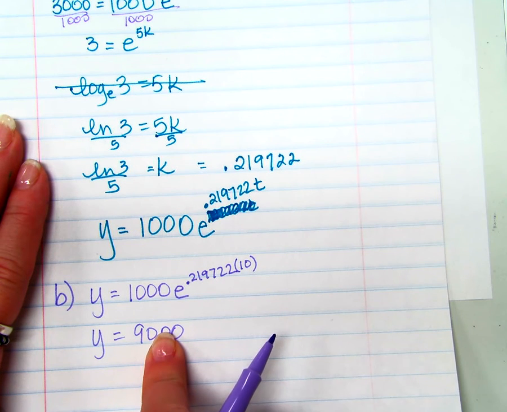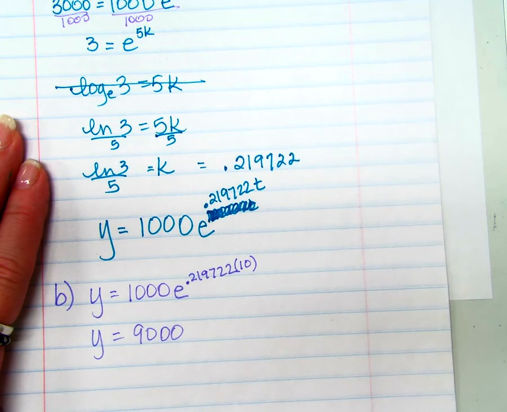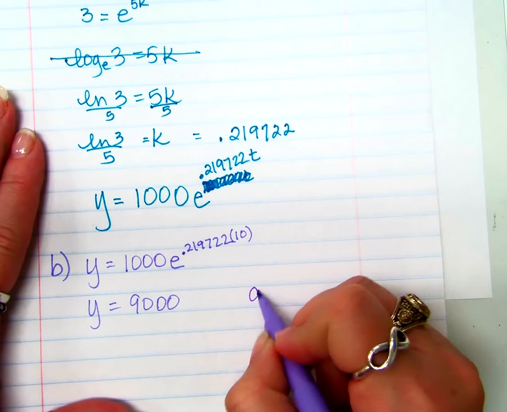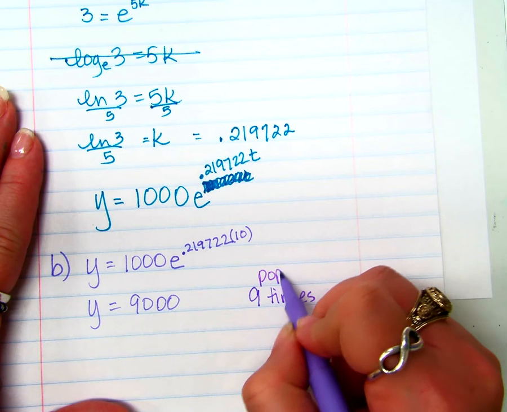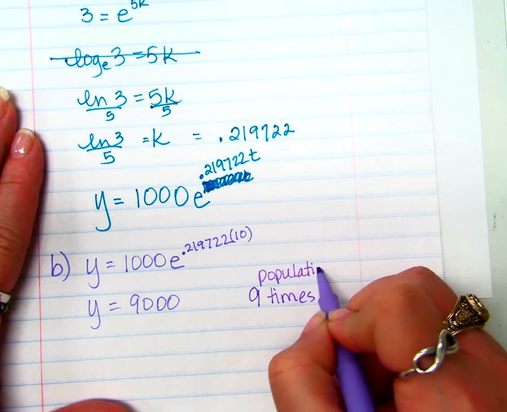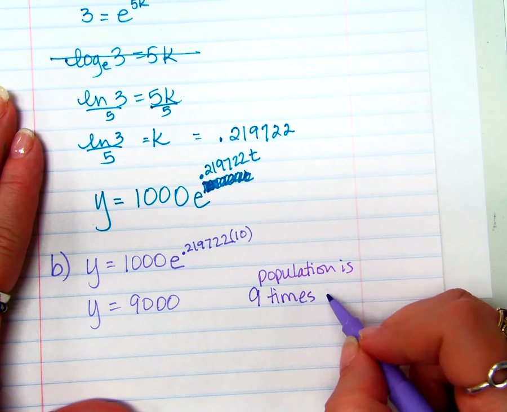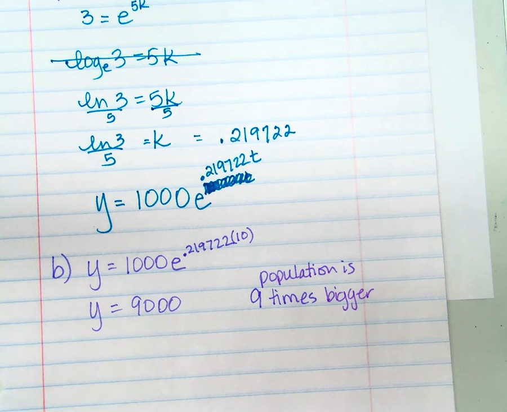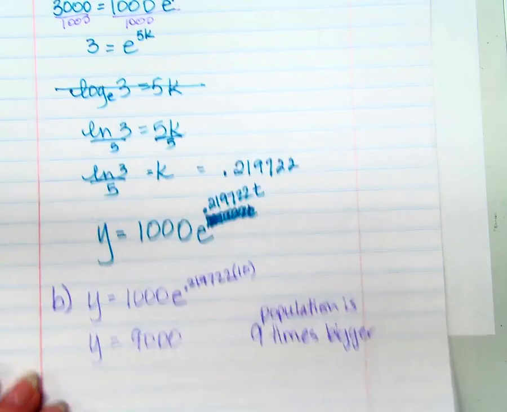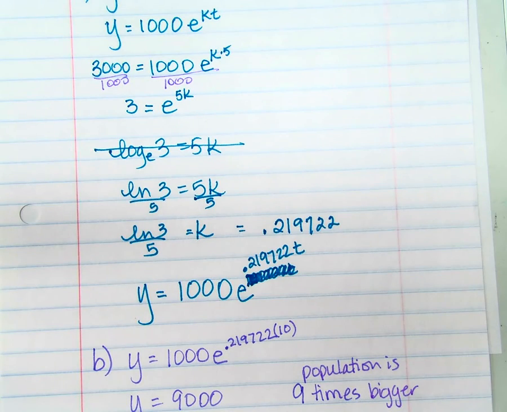Now it's 9,000. So it's an increase of a factor of 9. 9 times. The population is 9 times bigger, or an increase of 9 times? Any of that would work. Everybody okay so far? All right.